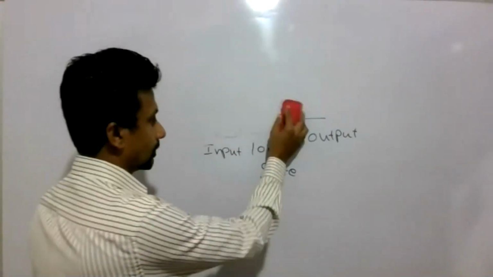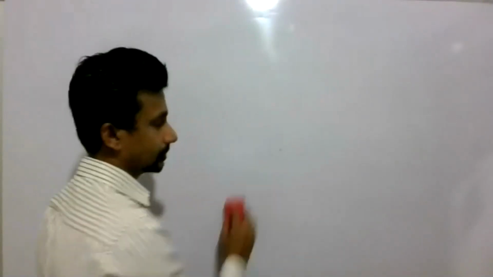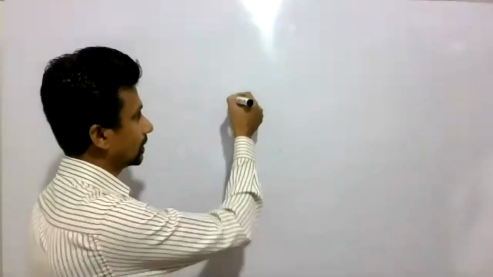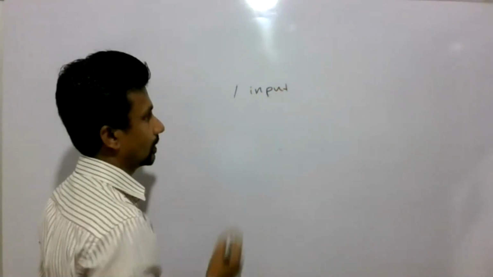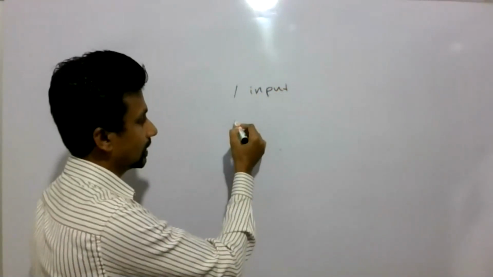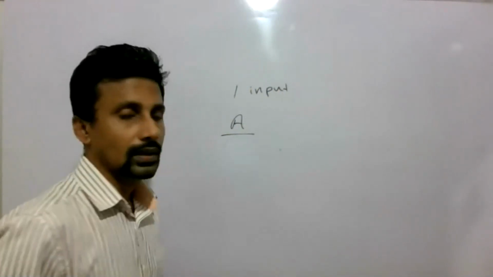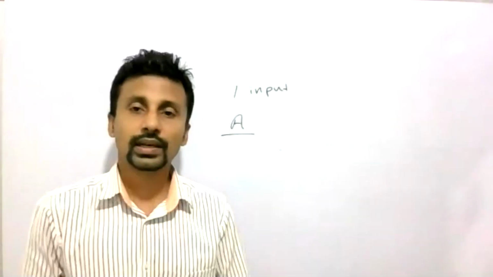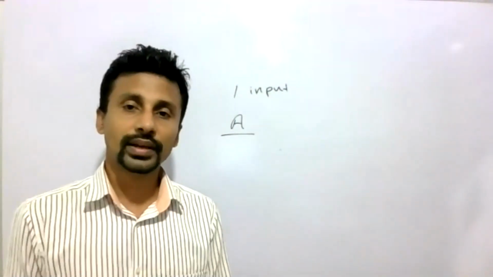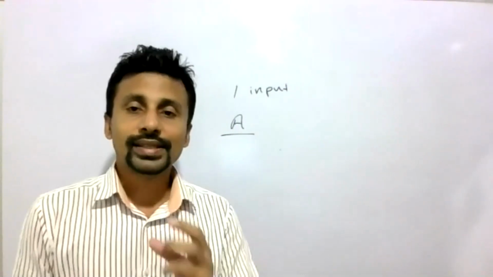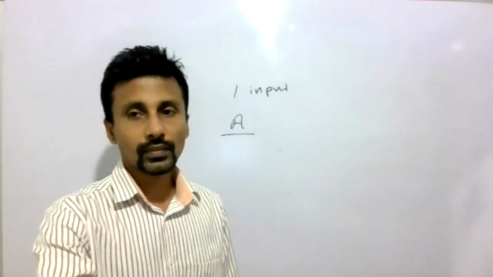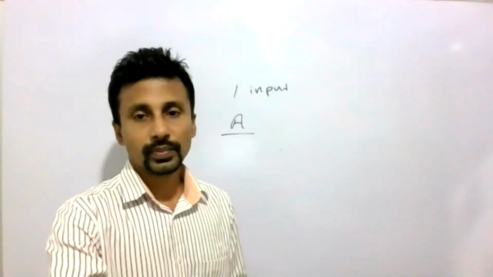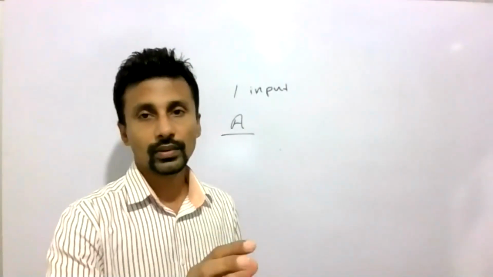If you have one input, I take it as A. We have discussed that the computer can understand zeros and ones, so whatever the input for the logic gate, it should be either 1 or 0.